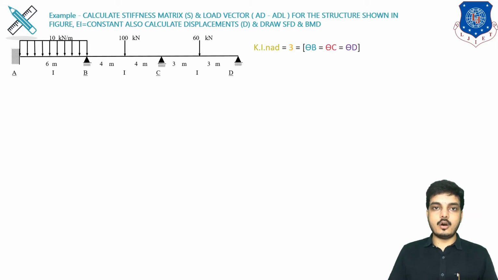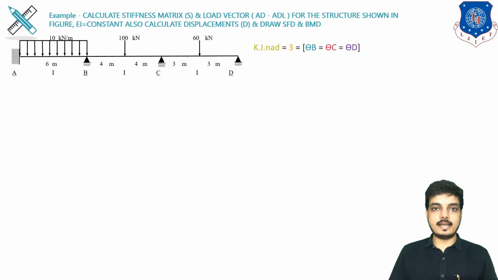Also there is no horizontal reaction, so neglecting axial deformation, it will not come. Ultimately the kinematic indeterminacy, which will be our final one to use for the structure, is 3, which is nothing but theta B, theta C and theta D. So these were our primary unknowns to solve the structure.